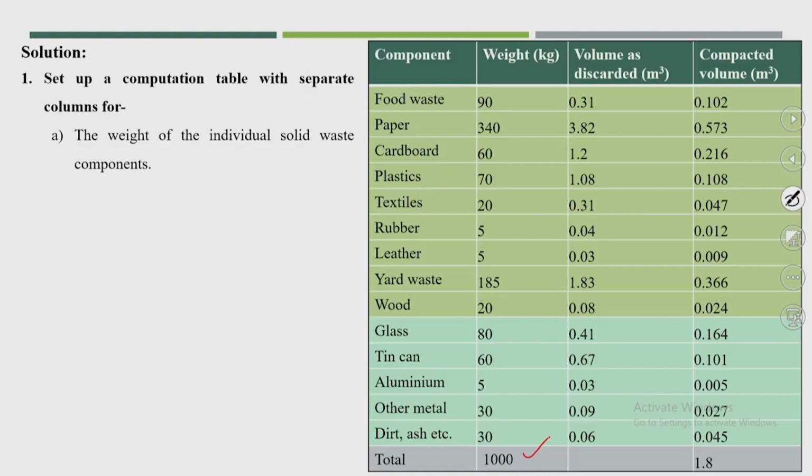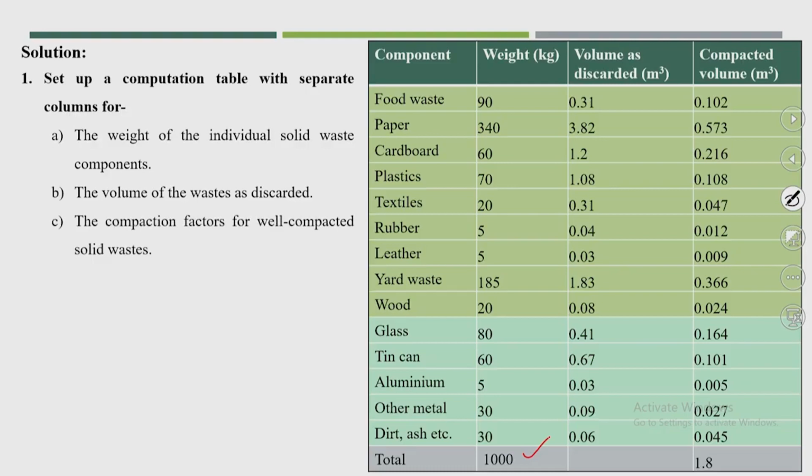Maybe you can go for 10,000, 1 lakh or 10 lakhs also, or you can put it as 1. Based on the total weight we calculate the volume, and after that we multiply by the compaction factor. We will see one by one, and finally we calculate the compacted volume.